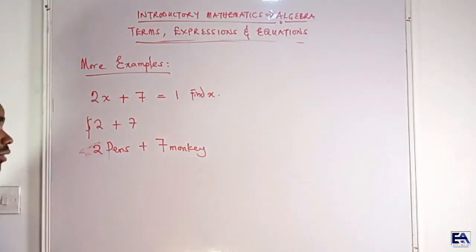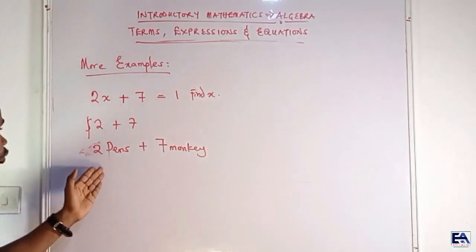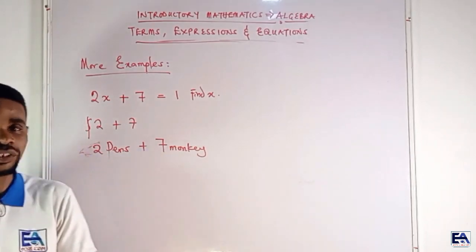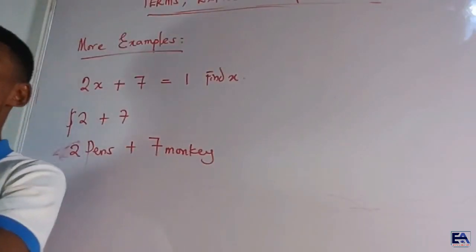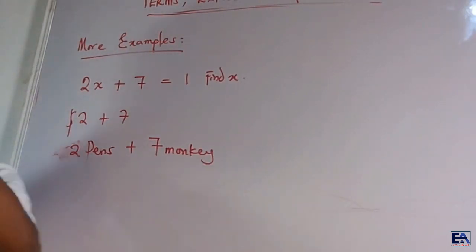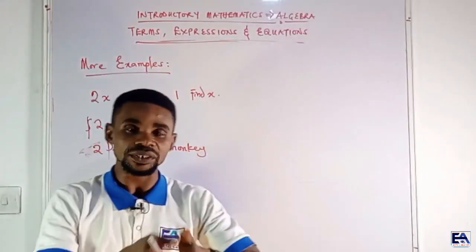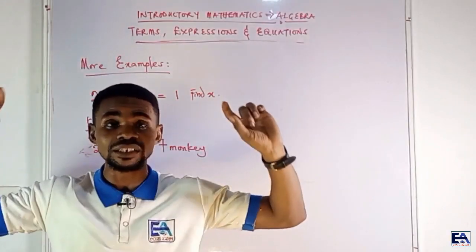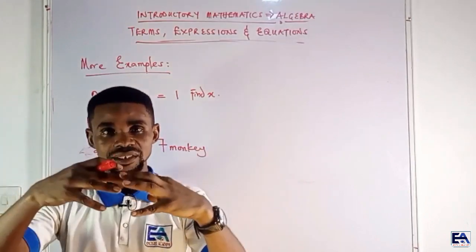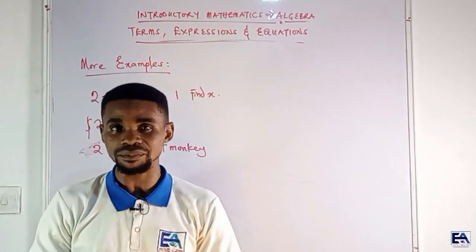No, they are not like terms because they don't have anything in common. 2 pens cannot be added to 7 monkeys to give us any result in mathematics. You can only have them staying like that on their own, 2 pens on its own, 7 monkeys on its own, and they will remain like that forever. They cannot add or subtract to give us a result because they are not the same.